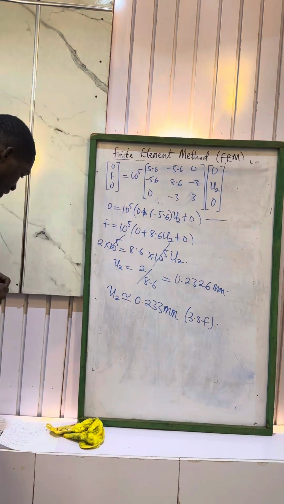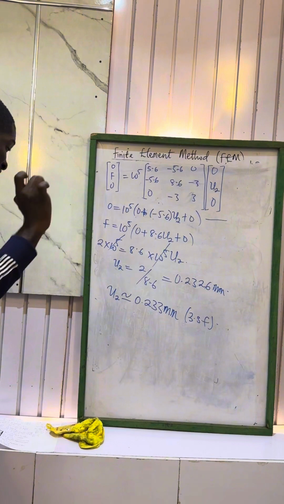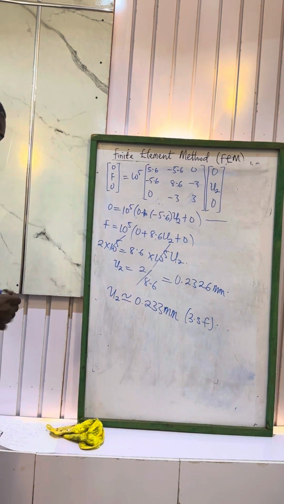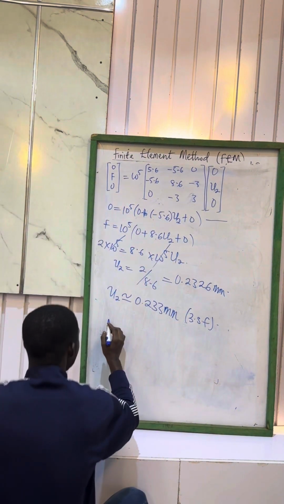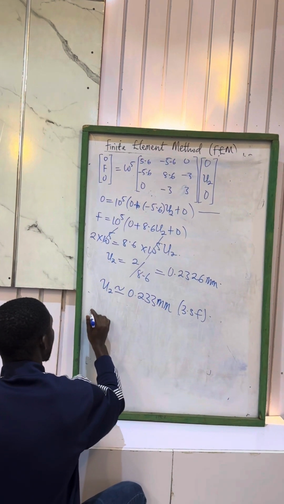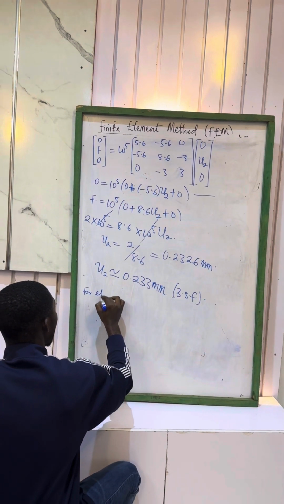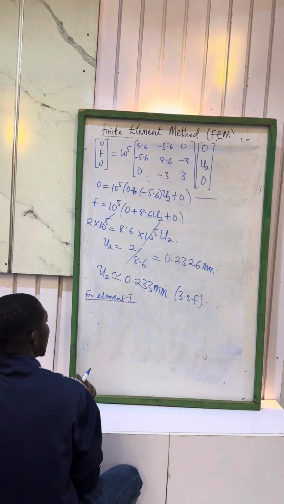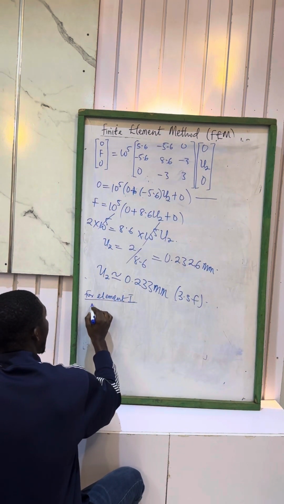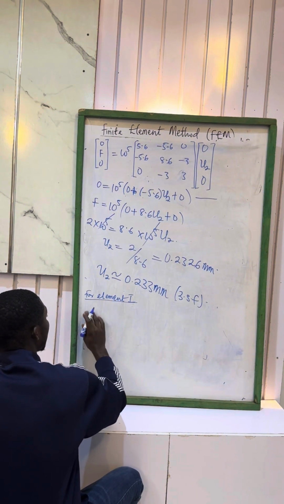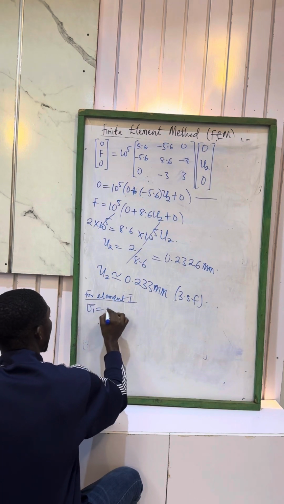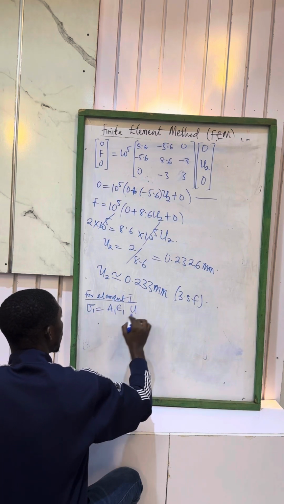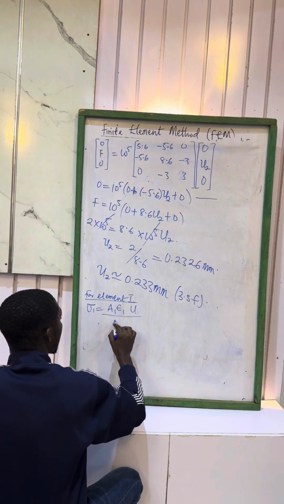Let's proceed. The next question is stress induced in each material. So I'm going to do the stress induced in each material here. Then how do we go about that? Now, for element 1, the stress that will be induced in element 1 is sigma 1 equals A1 E1 then U over L1.